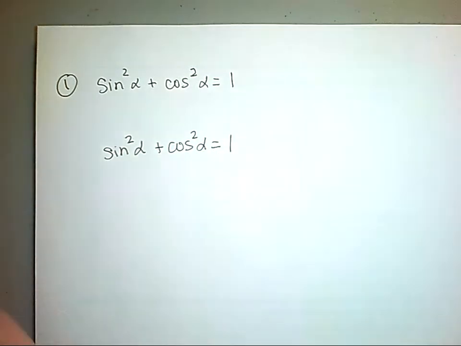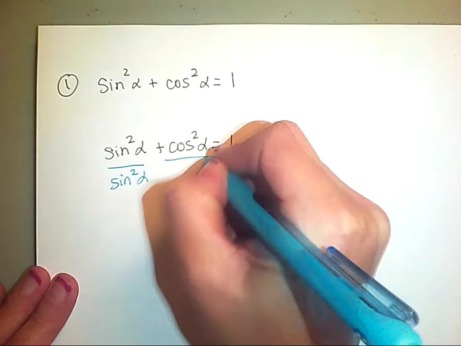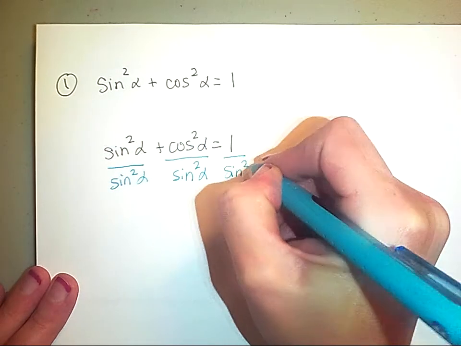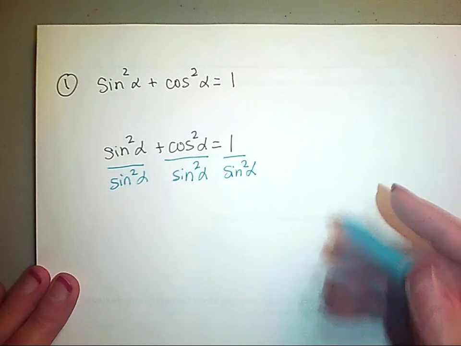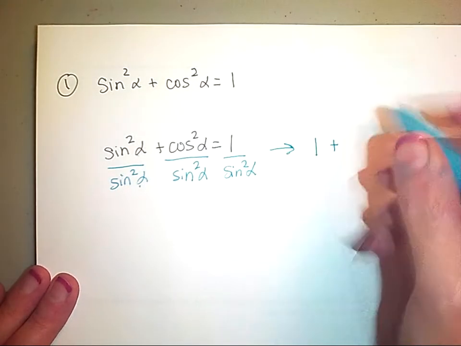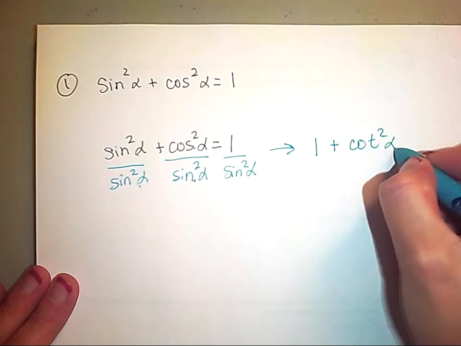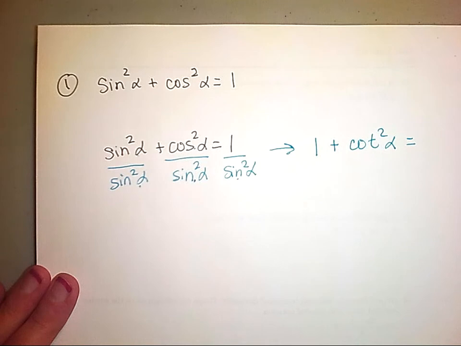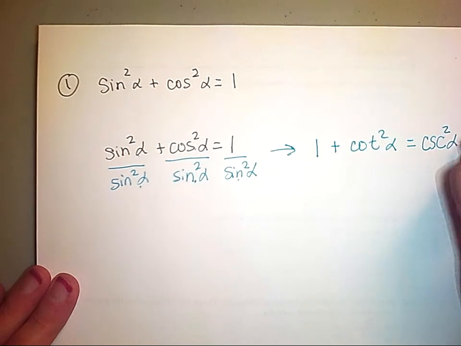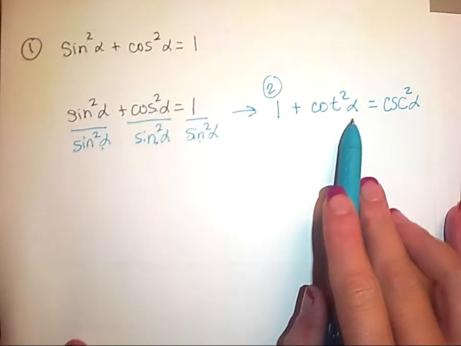I could also choose to divide everything by sine squared of alpha, and so what we would get then, sine squared over sine squared is 1, plus cosine squared over sine squared is cotangent squared of alpha, and 1 over sine squared is cosecant squared alpha. So this is number 2. This is true for all values of alpha.